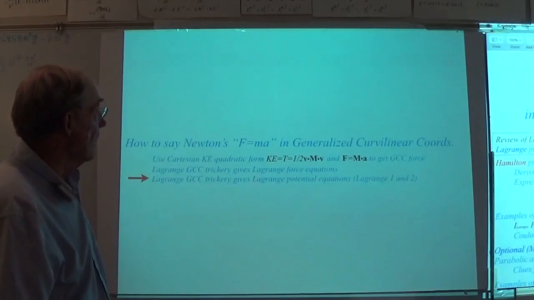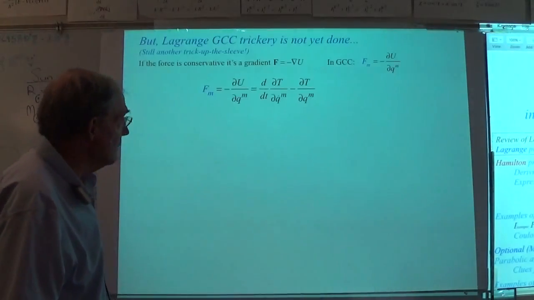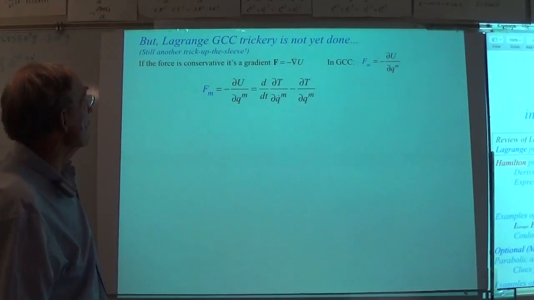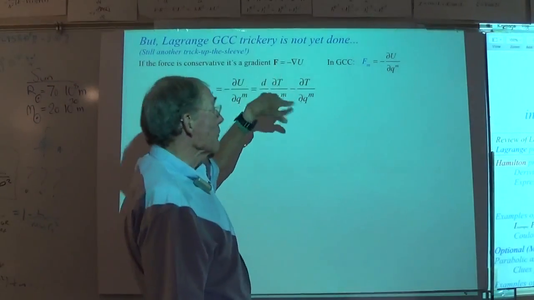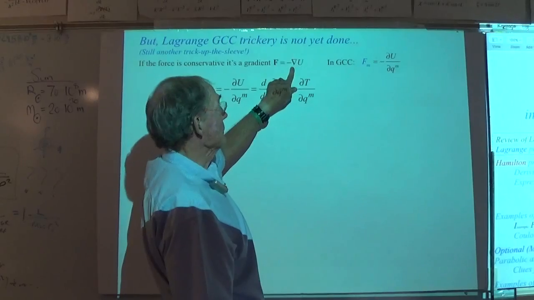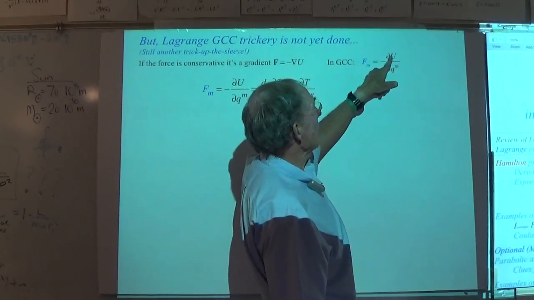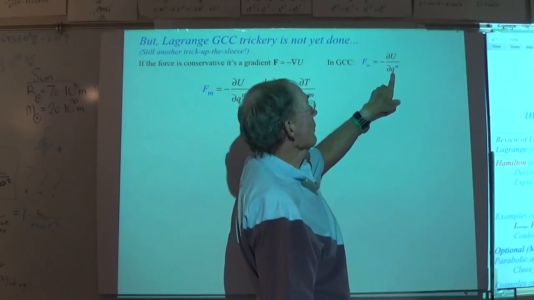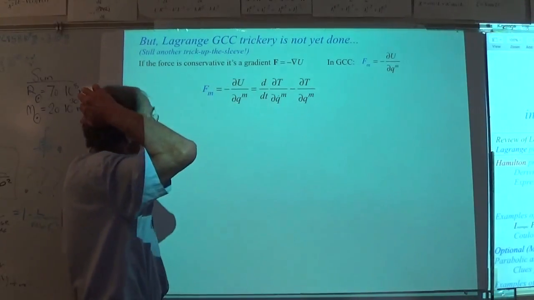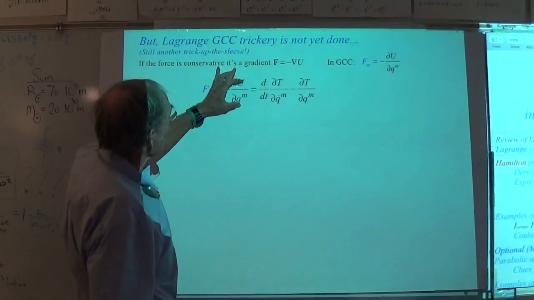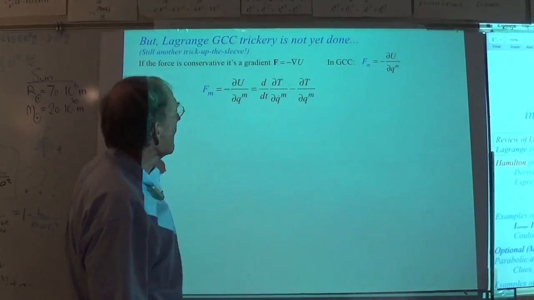Okay, but there's this second way of doing this. If the force is conservative, so that it's a gradient, that is a partial with respect to boldface r, or F_m is minus the partial with respect to q_m, the curvilinear coordinate, then I can take this guy right here and stick him next to that guy right there.